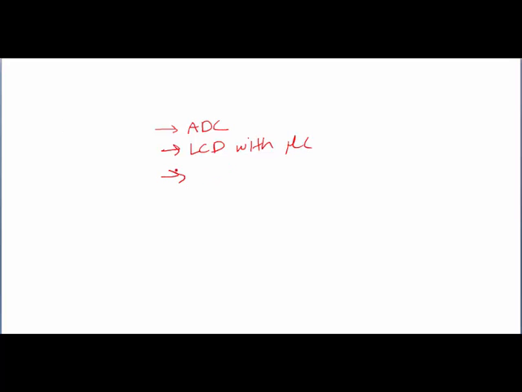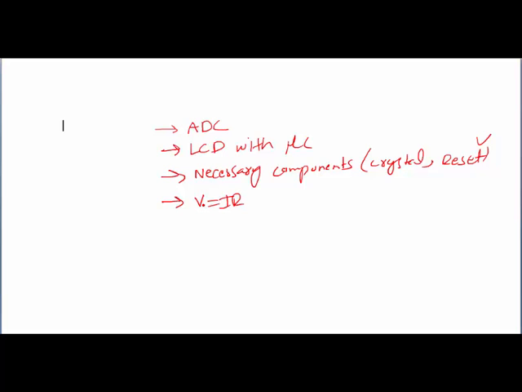Third, you should know how to connect necessary components with the microcontroller, like crystal oscillator, reset, etc. You should also know how to use Ohm's law to convert the measured voltage and known resistance into current.